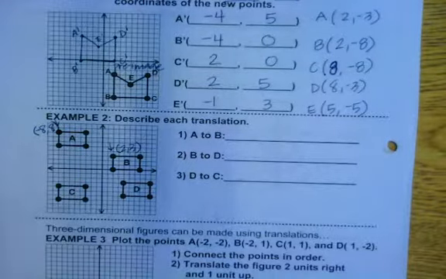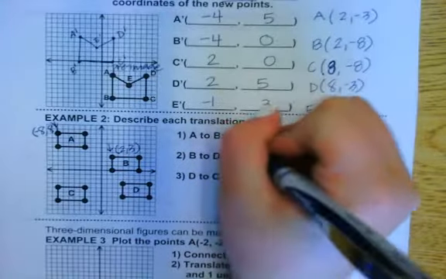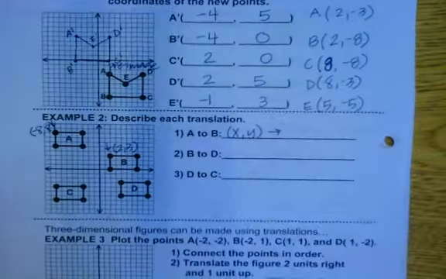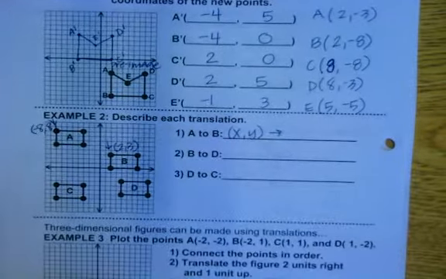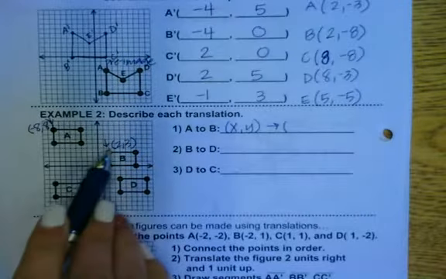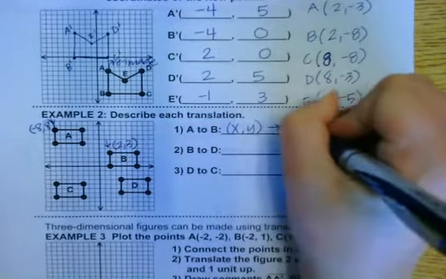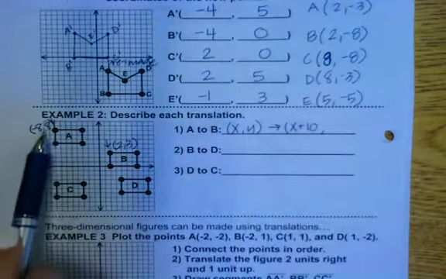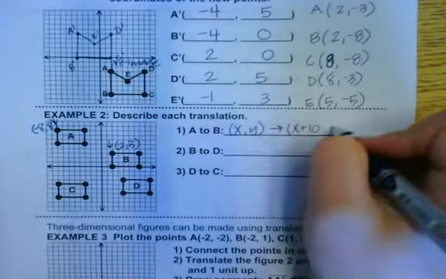Okay, so if I were to write this in coordinate notation, I have x, y yields. What would be the rule that's associated with my x? How did I get from negative 8 to 2? Plus 10. And how did I get from 8 to 3 for my y value? Minus 5.